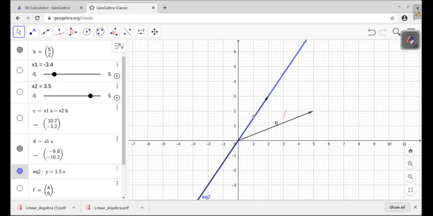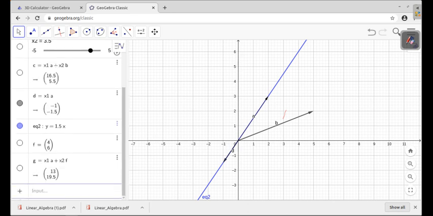If you can see, d always stays on the line itself; it is not moving out of the line. So the scalar multiplication is preserved in that line, right? Either positive or negative, d remains in the line itself.